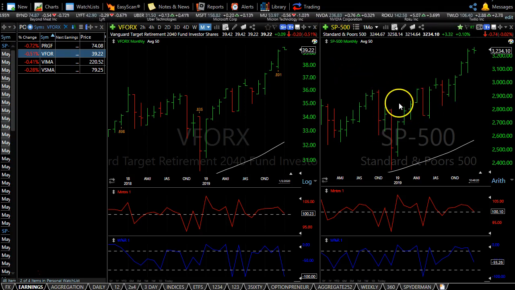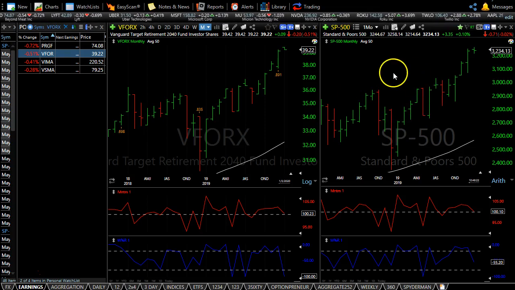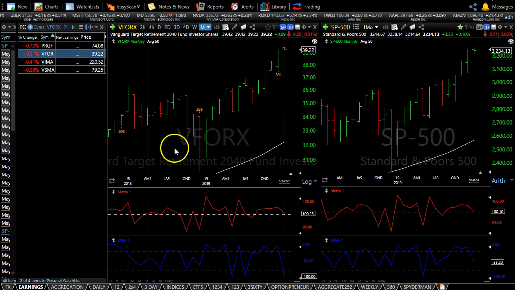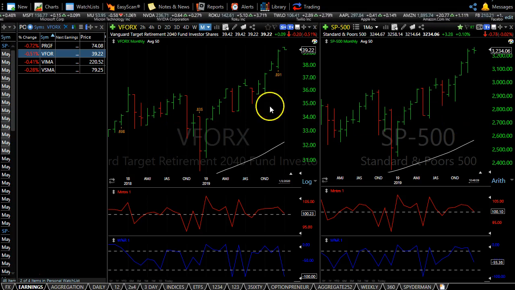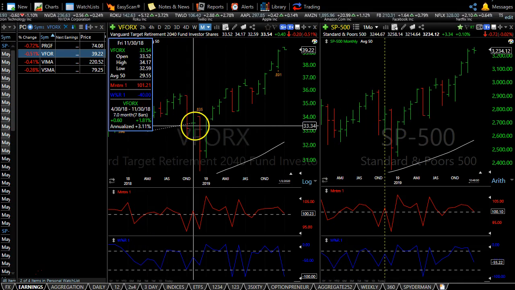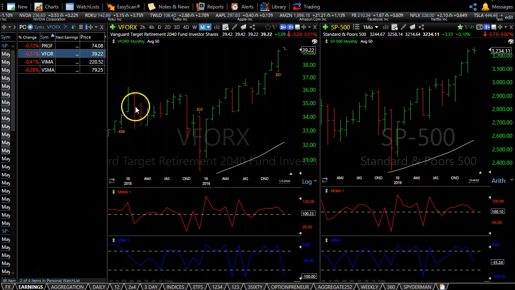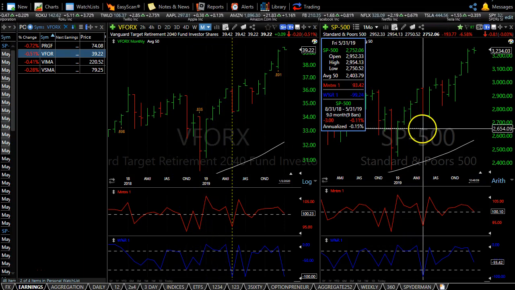This index comprises 500 companies within the U.S. Well, most of them, probably all of them, are in the U.S. But as you can see here, the stock index and the retirement fund mirror each other. So whatever the overall market is doing, this is what this particular fund is doing. And most mutual funds that are tied to stocks, they pretty much track whatever the S&P is doing.